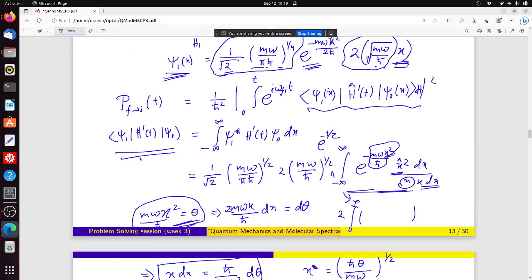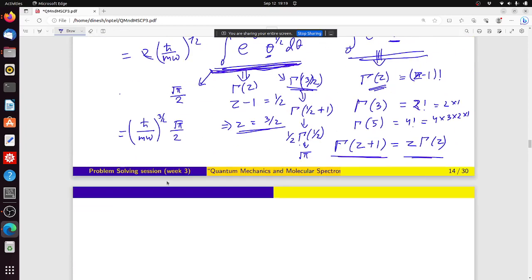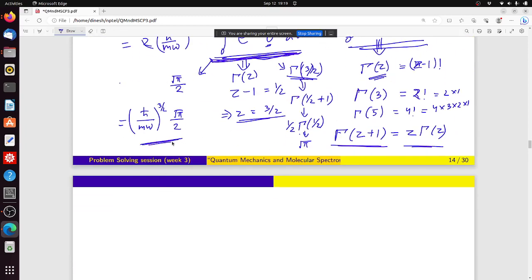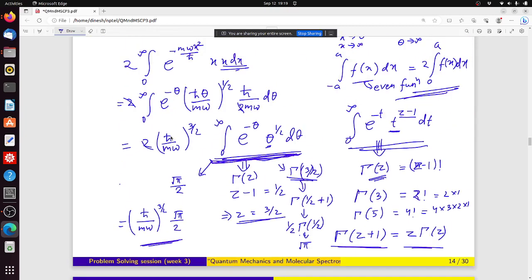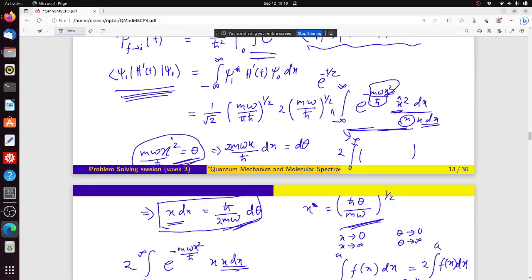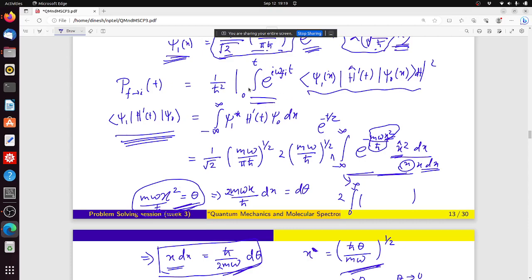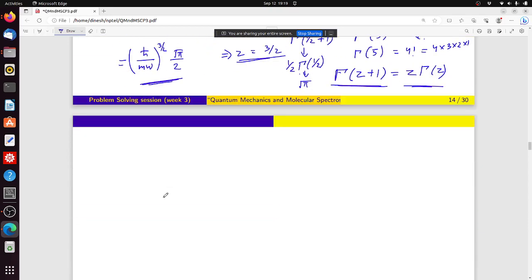So this is only the integration part that we have evaluated, right? Now we have to do integration with respect to time. So this much we got. There is no time dependency here, so we can take this whole thing out. We have to do one more integration with respect to time.